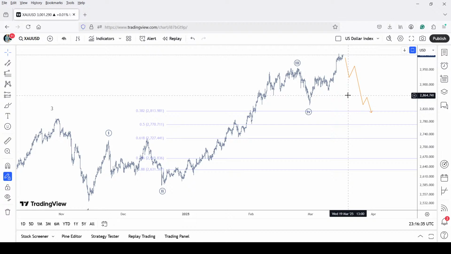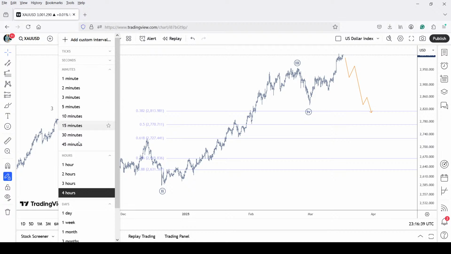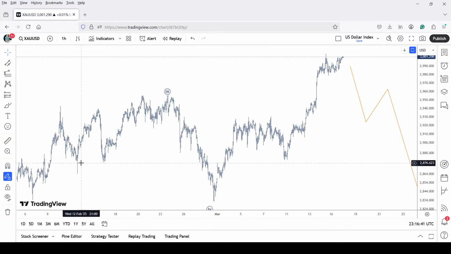All right, maybe it can give us more room to sell higher, possibly towards 3,000, 3,050 or so. I'm still not convinced with this pattern being complete. It's possibly three down and another three up.